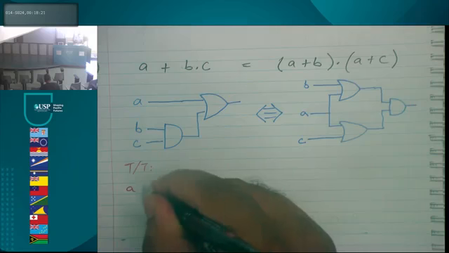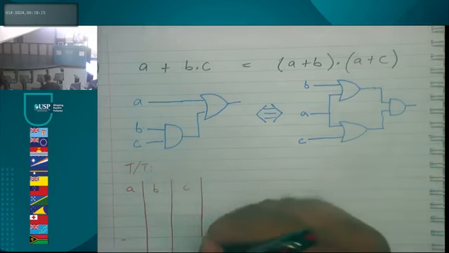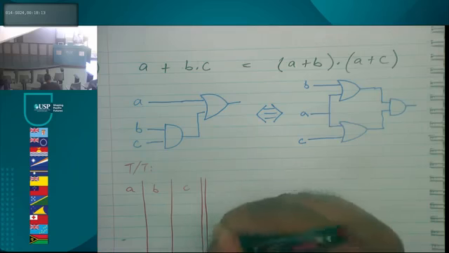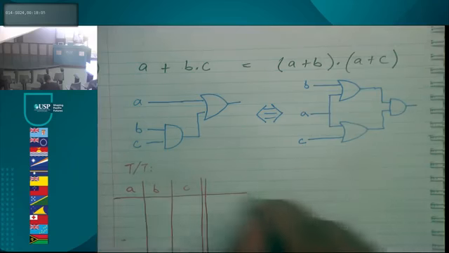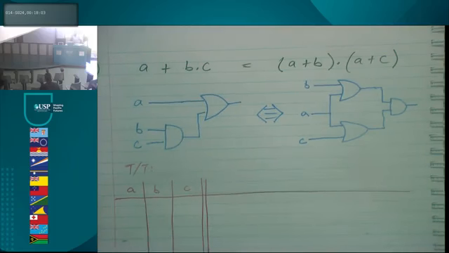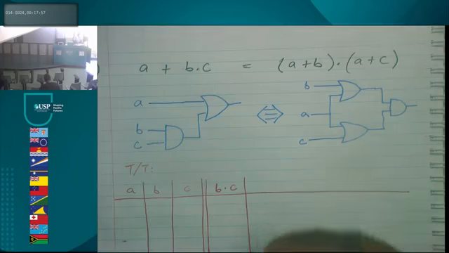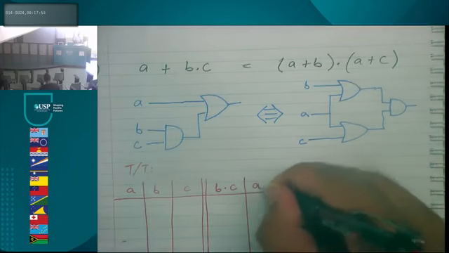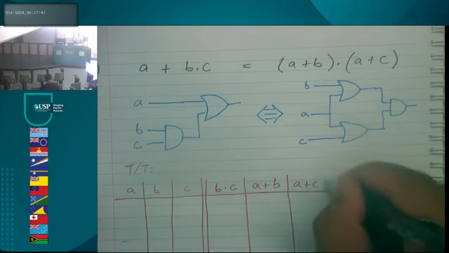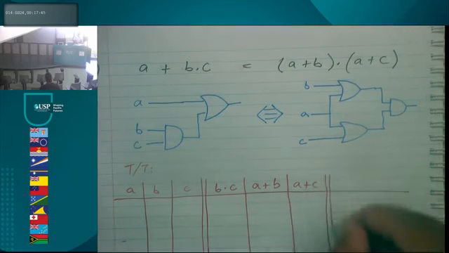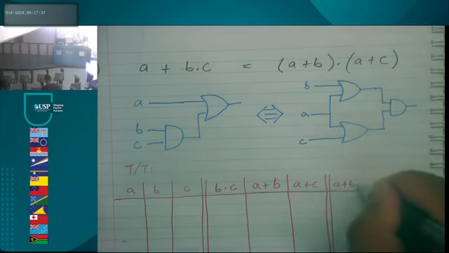So you have A, B, C, you have B and C, you have A or B, and from there you have A or C. Then over here you now put your left hand side, which is A or (B and C).